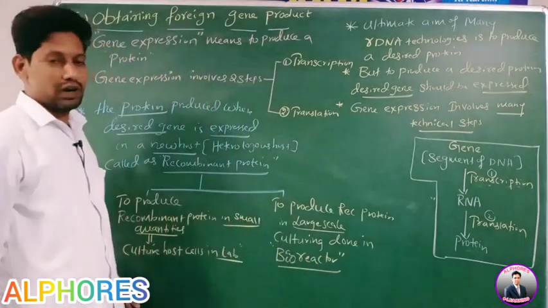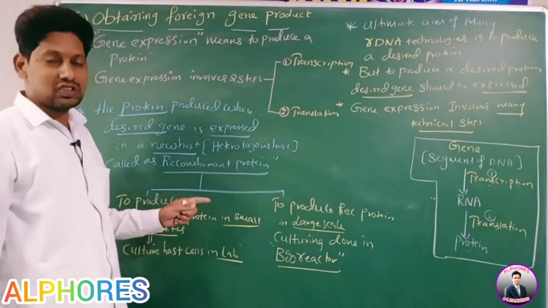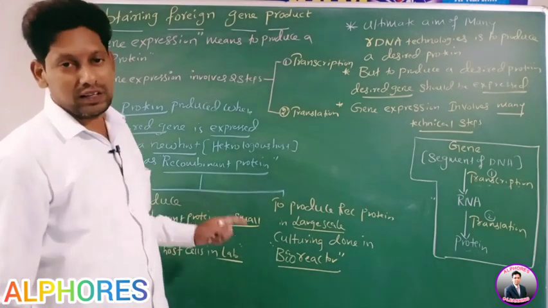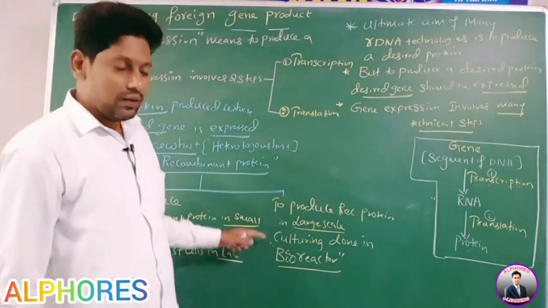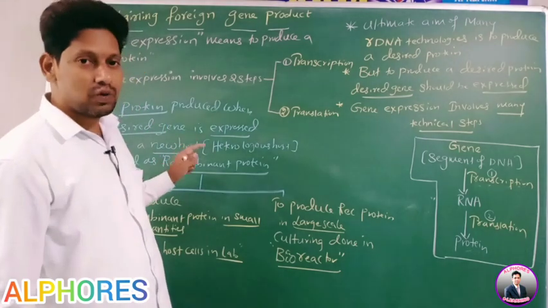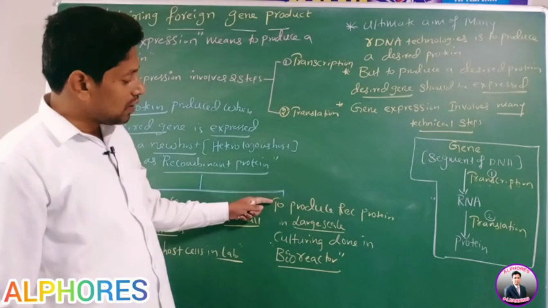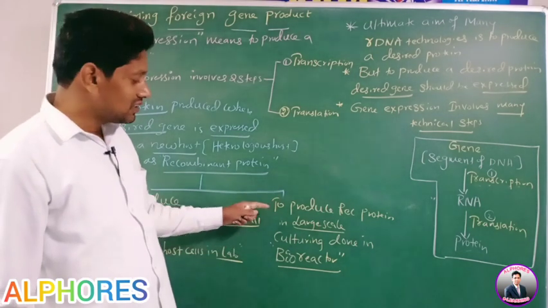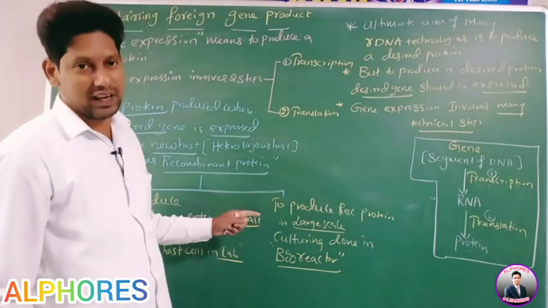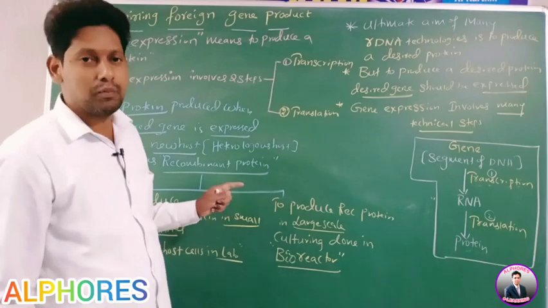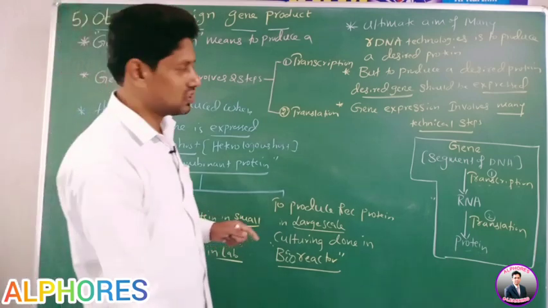Culturing is done in what, sir? Bioreactor. Is this statement okay? Therefore, to produce recombinant protein in small quantities, culturing is done in the lab. To produce this recombinant protein in large quantities, culturing is done inside the bioreactor. Is it okay? Right?